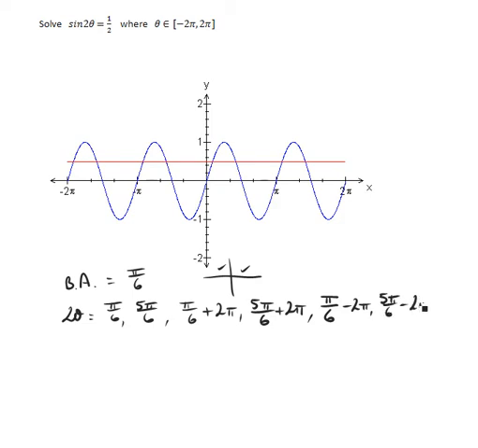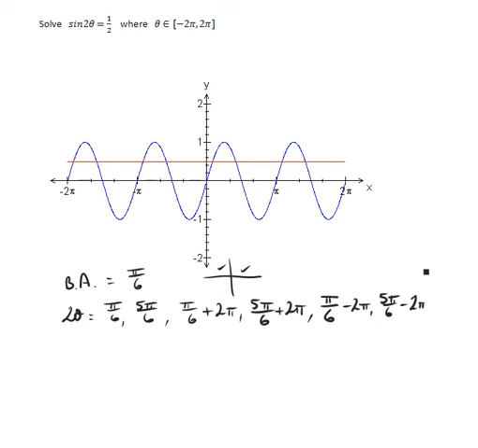So I've taken 2 pi from those two angles to find the ones found by going clockwise, which as you know in trigonometry is the negative direction.